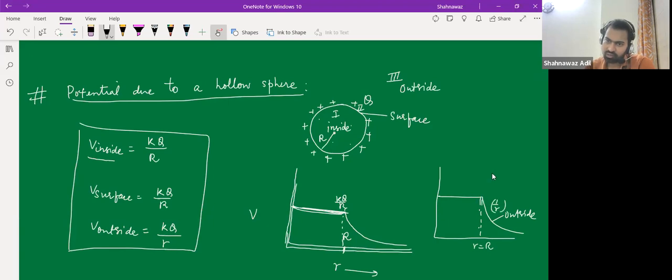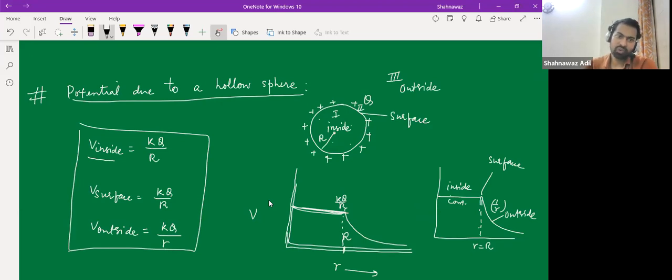And this is the surface, and this is inside. So inside is constant, and this is fixed, and then it reduces. So is this part clear, guys? Potential due to a hollow sphere, is this clear? Probably explain the inside again.